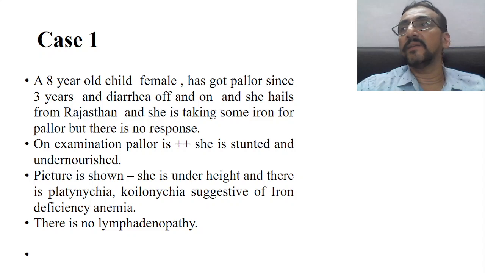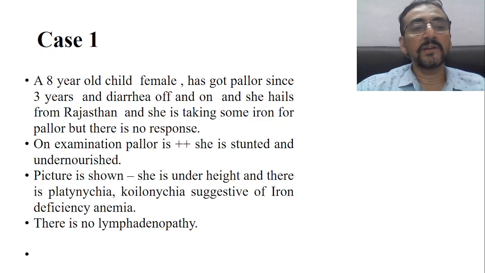Now we will look into the CBC later. Just looking at this case, do you have any interpretation? Because we have seen so many cases, isn't it? An 8-year-old female child, pallor is there, diarrhea is also there off and on. She is from Rajasthan and she is stunted.